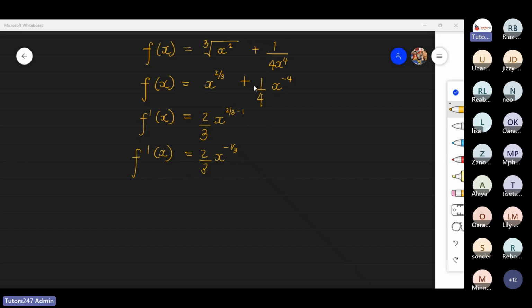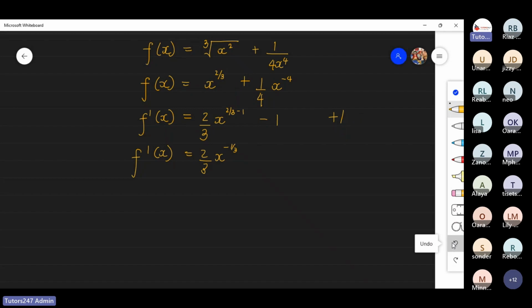So positive 1 over 4 times negative 4 becomes negative 1. If you want to do it the long way, 1 over 4 times negative 4, 4 cancels 4, positive 1 times negative becomes negative 1. Or you can just put it on your calculator, negative 4 times positive 1 over 4. So we end up with negative 1.